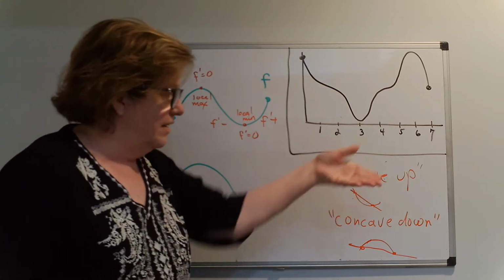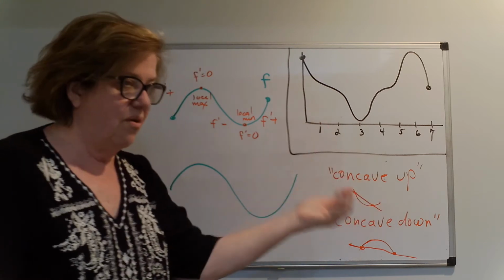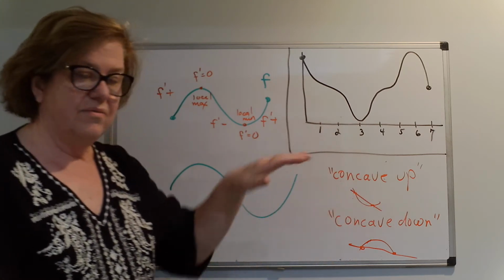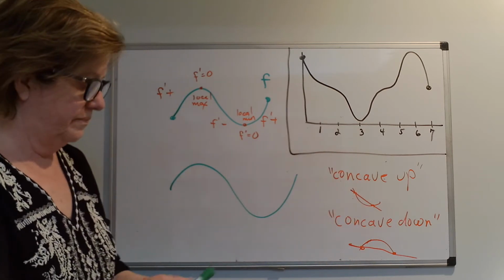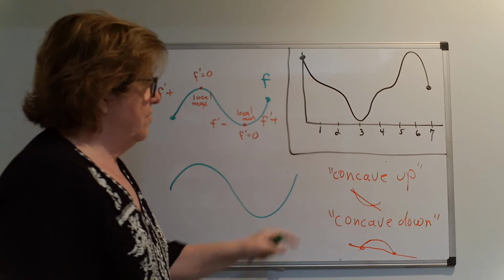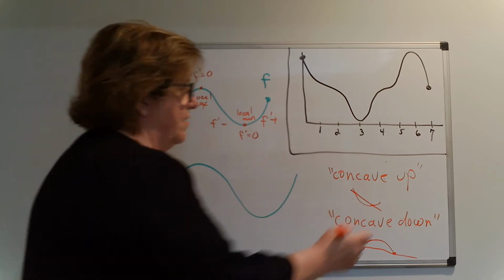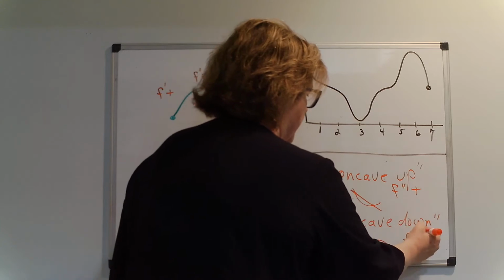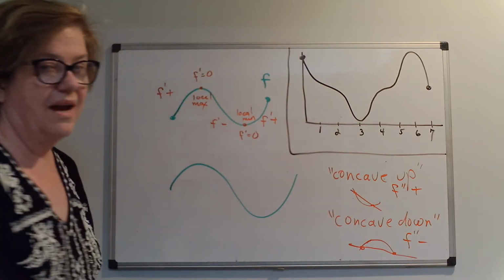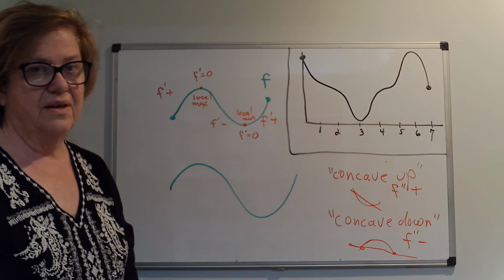So here it lives below the secant line, it's holding water. Here it lives above the secant line, it's spilling water. So when a function is concave up, the second derivative is positive. When a function is concave down, the second derivative is negative.